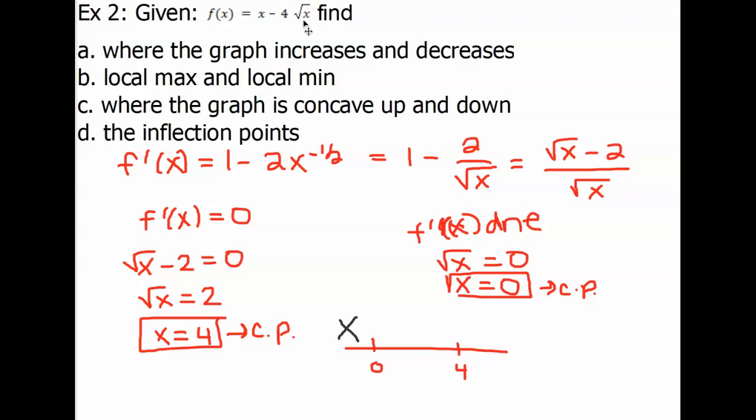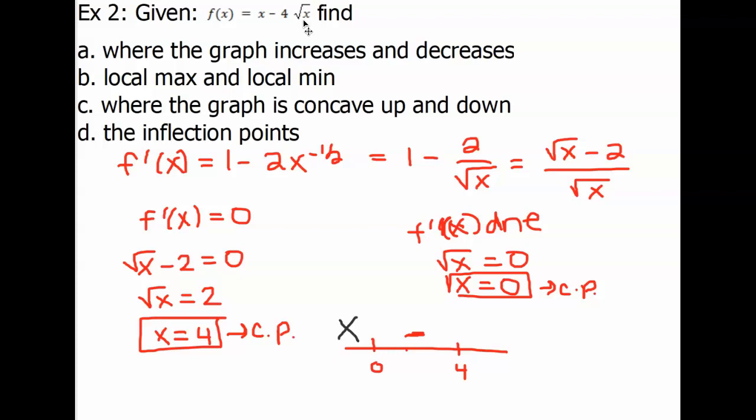And then we need to look at our signs between 0 and 4 and beyond. So if I plug in 1, the square root of 1 is 1. 1 minus 2 is a negative. And then the bottom is the square root of 1, so it's a positive. So negative over positive is a negative.